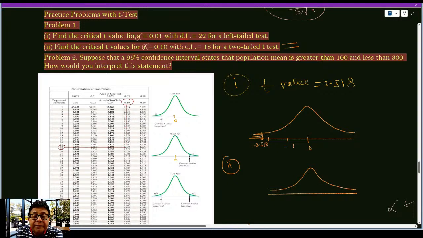This t value is both positive and negative. This we found minus 1.734. Why both? Because it is two-tail test. That's why both.